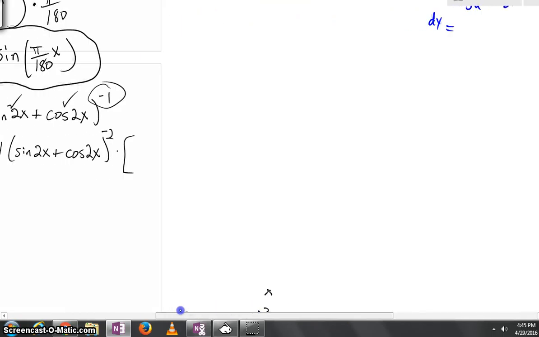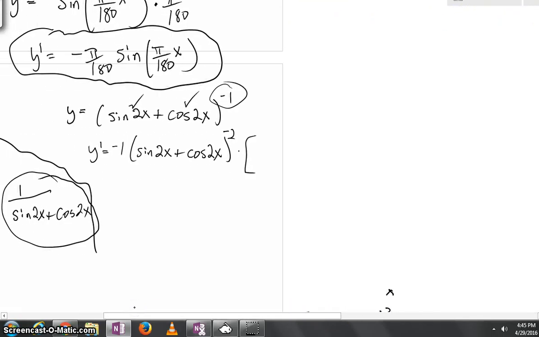So as we fix this up right here, the derivative of the sine of 2x is going to get you cosine of 2x. The derivative of sine is cosine. But don't forget, you have to take the derivative of the inside there. You'll get a 2. The derivative of cosine will be negative sine of 2x. But you'll have to take the derivative of that inside. So out comes a 2 as well.